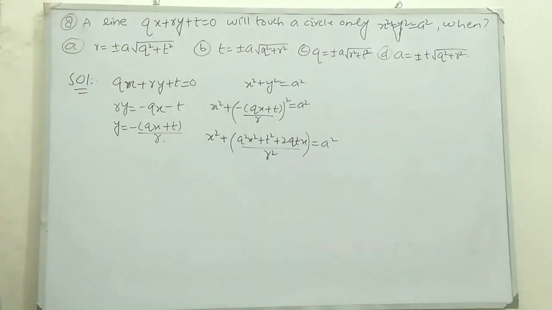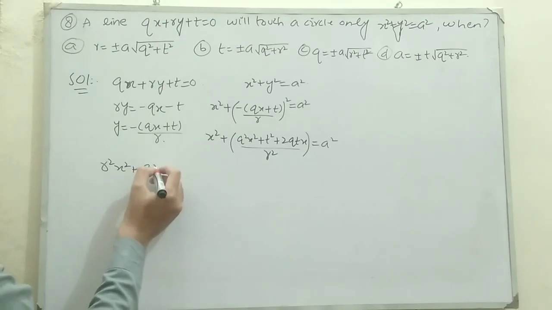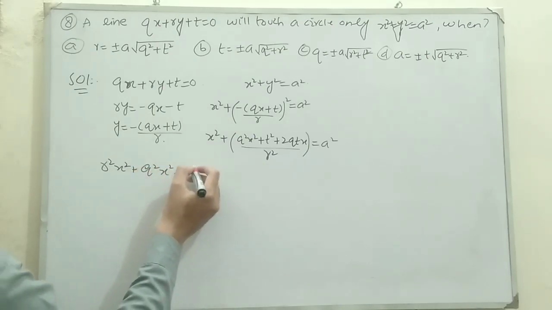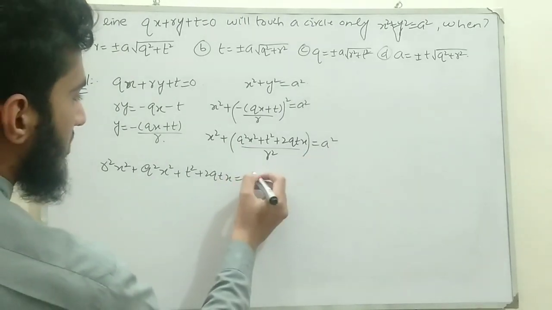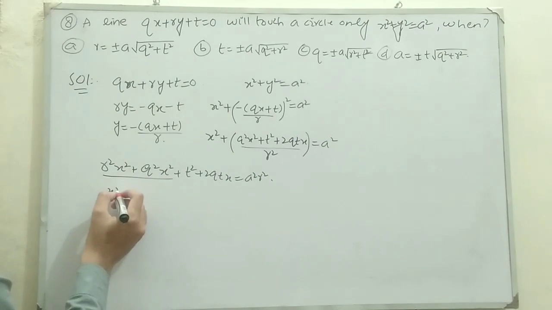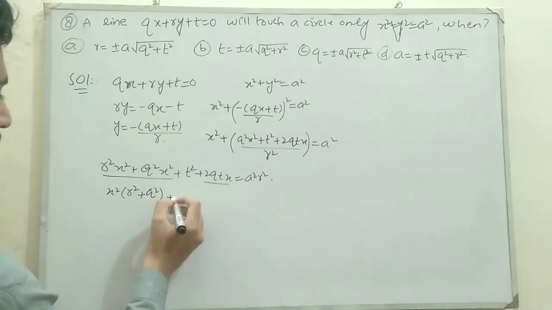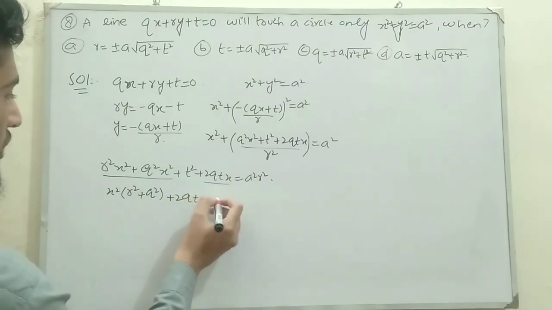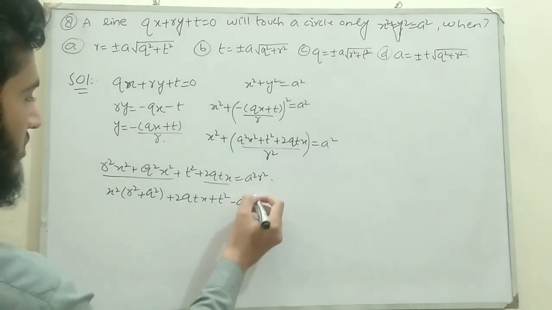Now multiplying r² to both sides, it becomes r²x² plus q²x² plus t² plus 2qtx is equal to a²r². After this, take out x² common from over here, it becomes (r² plus q²)x² plus 2qtx plus t². Shift a²r² to the left-hand side, it becomes minus a²r² is equal to 0.